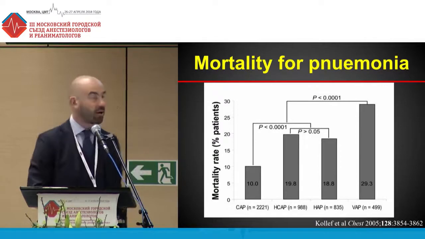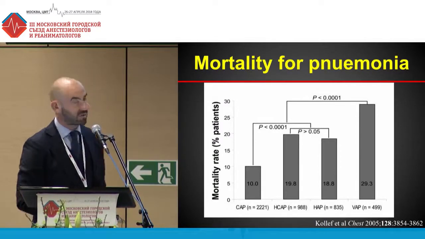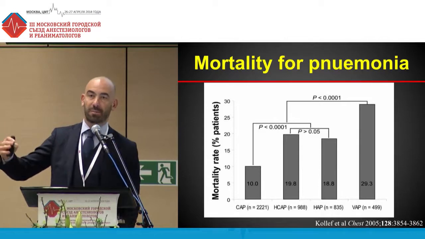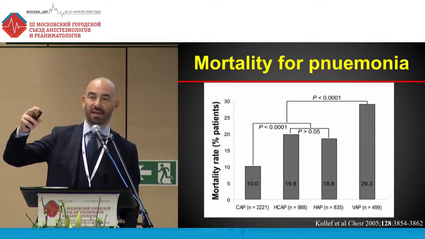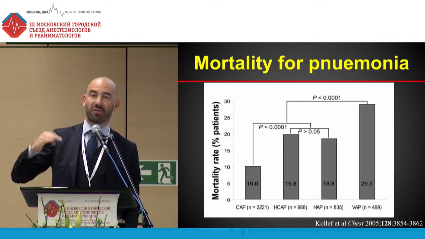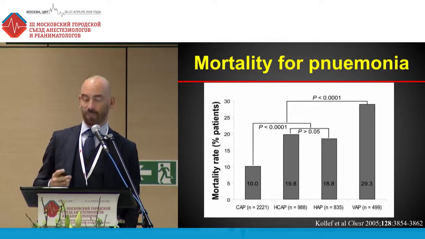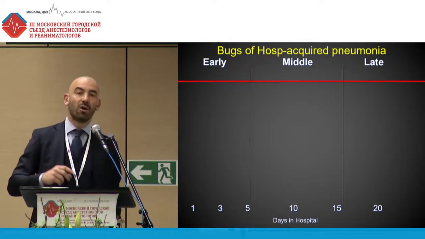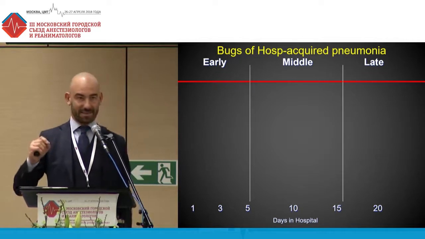You can see very well the difference in terms of mortality. Ventilator-associated pneumonia presents the highest mortality, with more or less a third of the patients dying from this kind of infection.